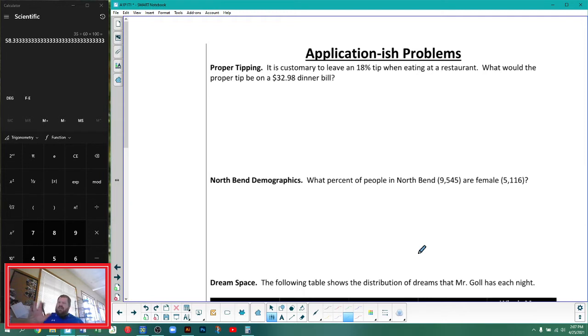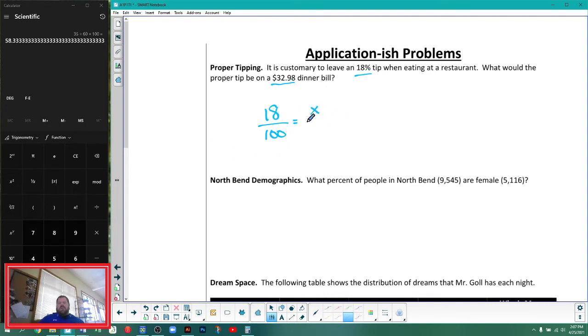So let's try to find those keywords we're looking for. 18% is a big one, and 32.98 is another big one. So obviously 18 is my percent over 100. Now, is that 32.98 the is or the of? I'm trying to figure out what is the proper tip of a $32.98 bill.